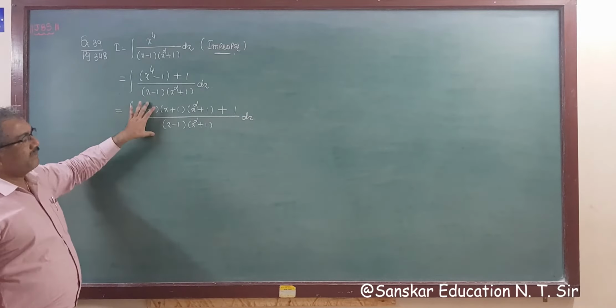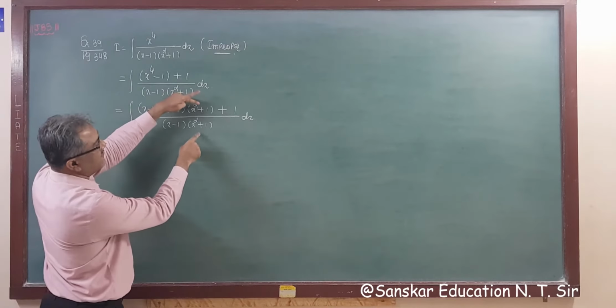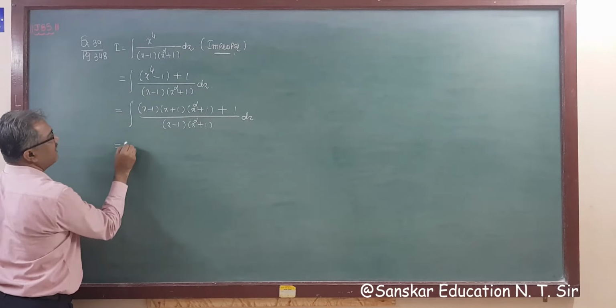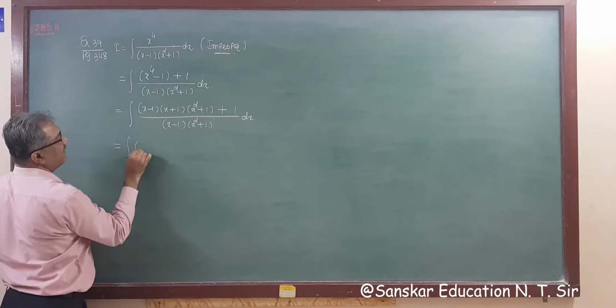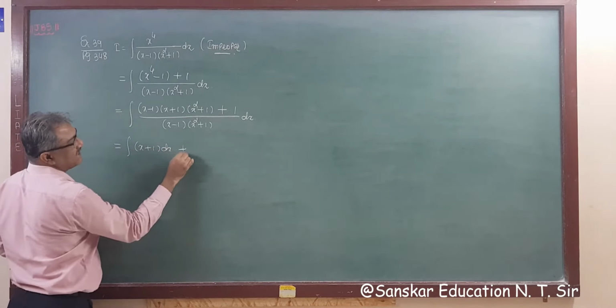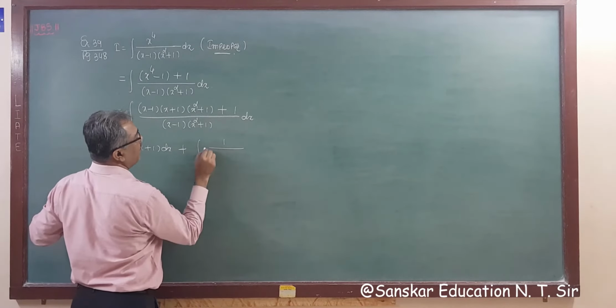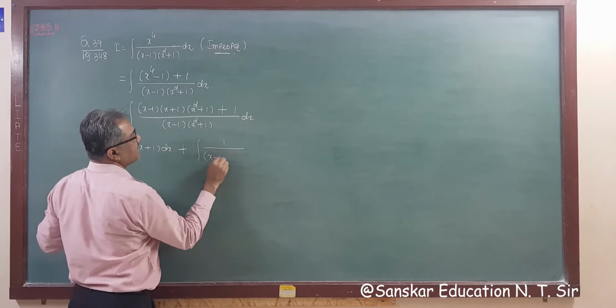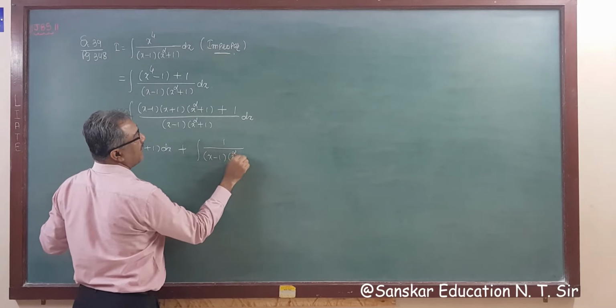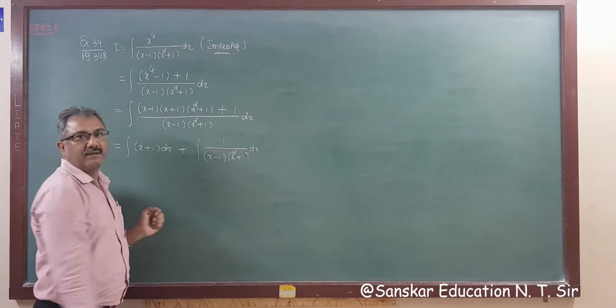Now bifurcating this, x minus 1 and x square plus 1 will be cut. So remaining will be integration of x plus 1 dx, and plus integration of 1 upon x minus 1, x square plus 1 dx, right?